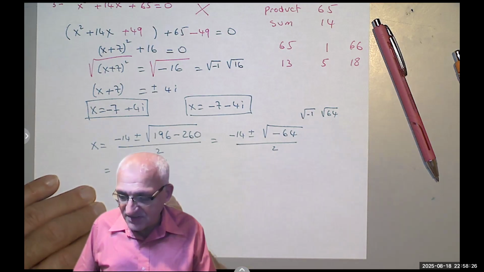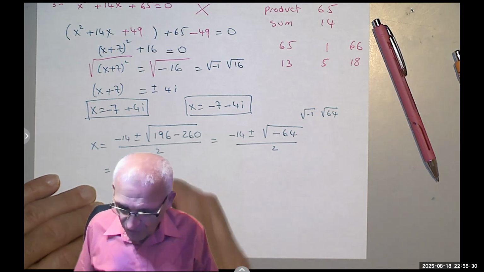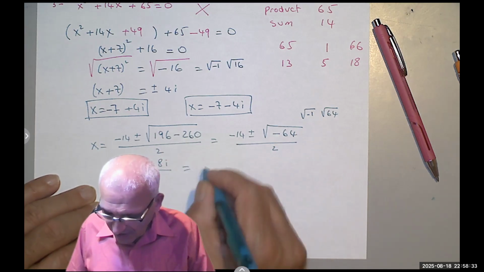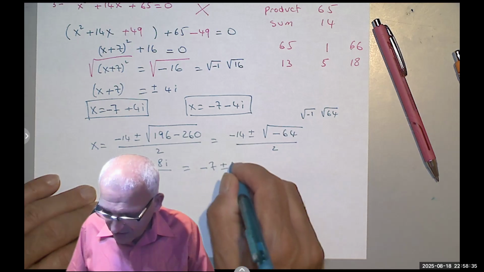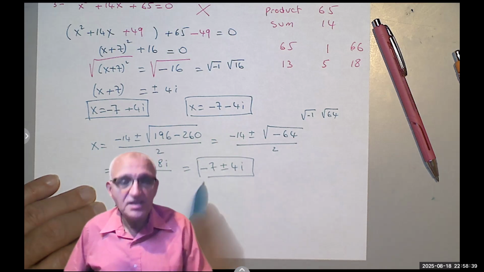Square root of 64 is 8, square root of negative 1 is i, over 2. You can simplify by 2, so you get negative 7 plus or minus 4i, which is that.